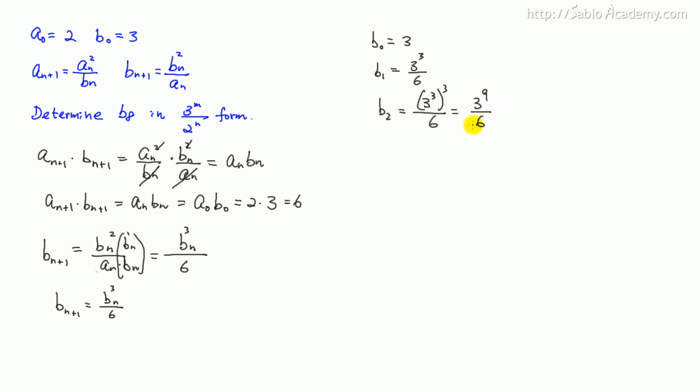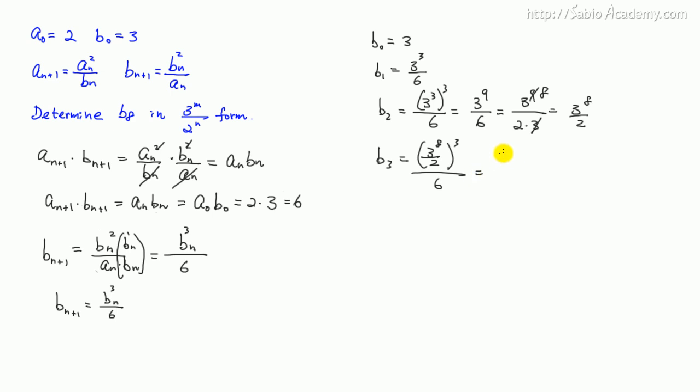And then we could break it into 2 and 3. I wonder if it's necessary. I'd like to do that. This is 2 times 3. So it's a 3 to the 9th upstairs. So this cancels here. Becomes 8. So it's 3 to the 8th over 2 is what I get. So b sub 3, what do I do? I have to cube it and divide by 6. So 3 to the 8th power over 2 to the 3rd power divided by 6.